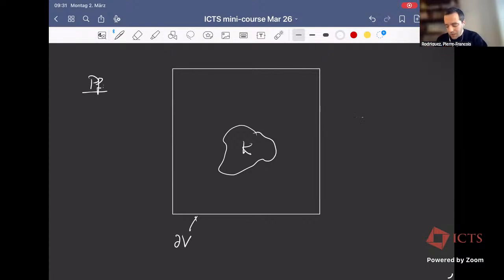And so what you want to explore is maybe something you could call C max. This is the outermost blocking interface inside of V. So what do I mean precisely by this?